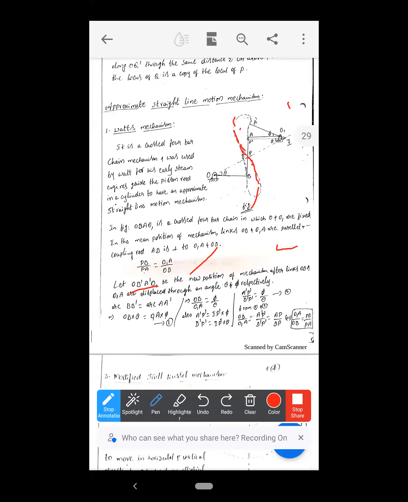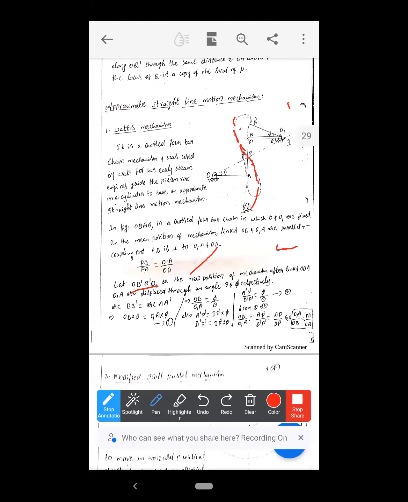So the angles between POB and O1A A dash are the theta and phi angles, and those are also mentioned here.